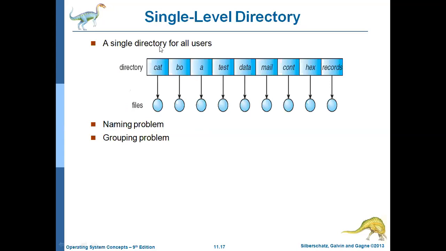Next, there is the single level directory, wherein in the directory I have my files. Every directory is contained with each of the respective directory files. Naming problem and grouping problem are things you will come across in further slides.